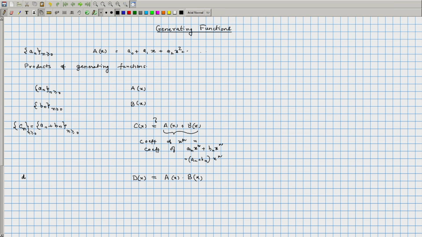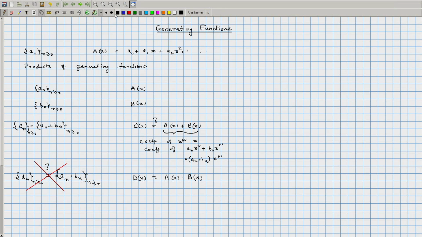If we denote dn by the nth term's coefficient, will this be equal to an into bn? Unfortunately, this is not the case, but whatever is dn, we will understand that in more detail today and see some examples of using this understanding to solve some combinatorial problems.